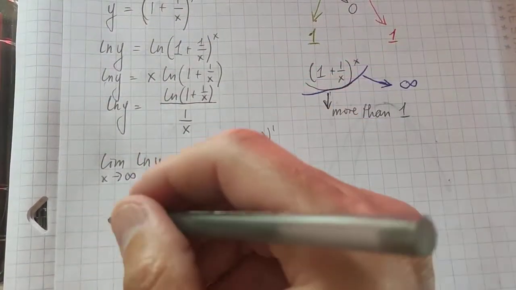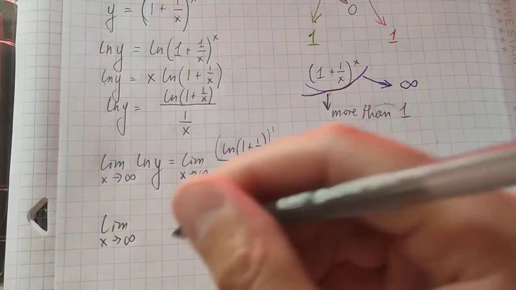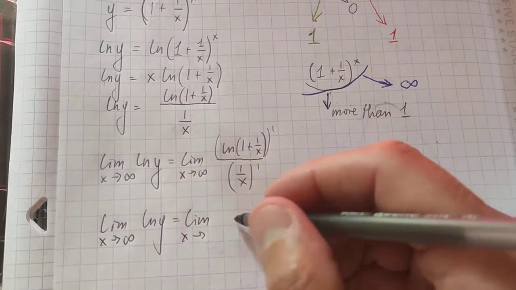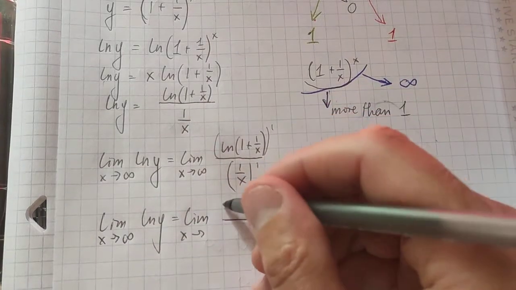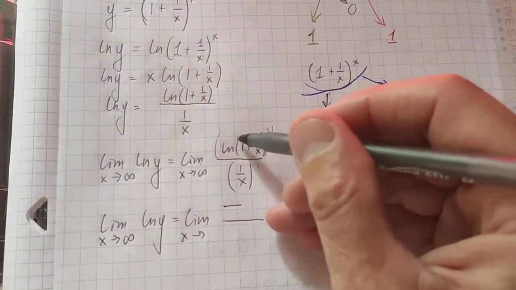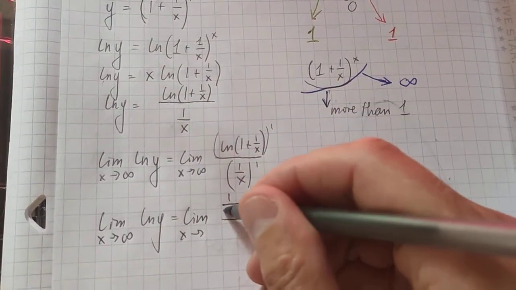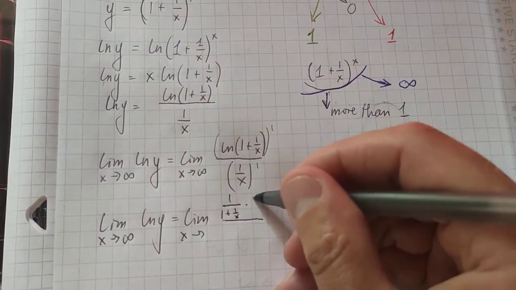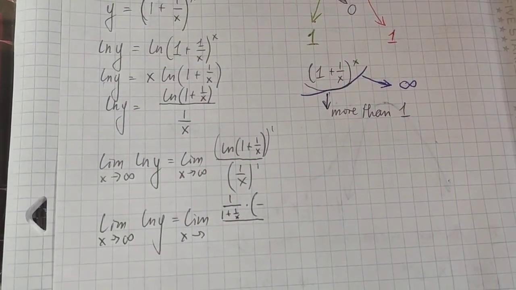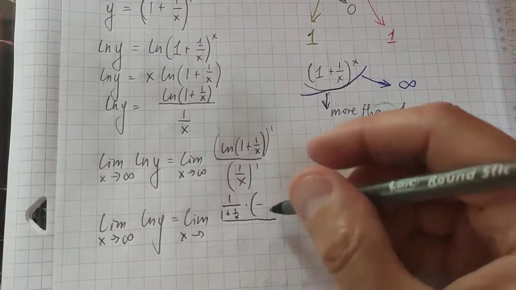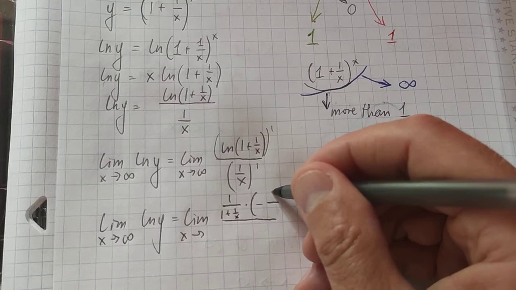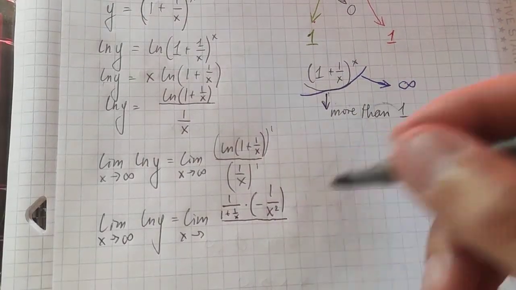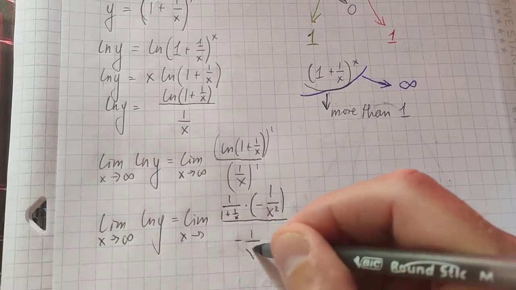So I have limit x going to infinity of natural log of y, then I have my limit on this side, and here, derivative of the outside, so it's going to be 1 over this, 1 plus 1 over x, times derivative of the inside, so that's negative 1 over x squared. And here it's the same, so negative 1 over x squared.